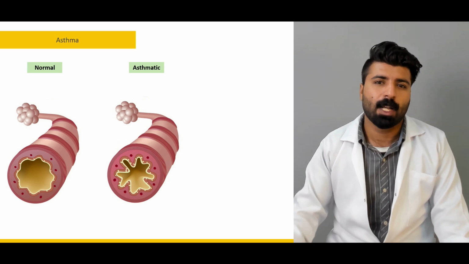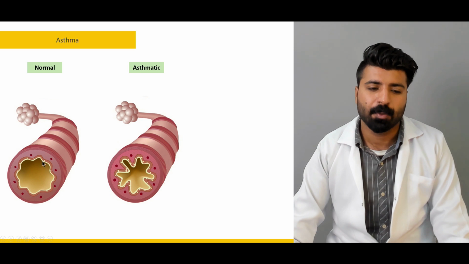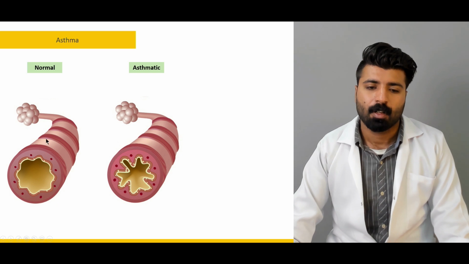First of all, I'm going to show you the airway tract of a normal person. This is a normal person's air tract. You can see this is the whole lumen. This is the covering and the muscles, and then the alveoli. What will happen in an asthmatic?